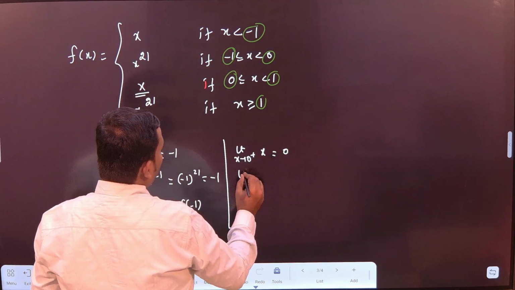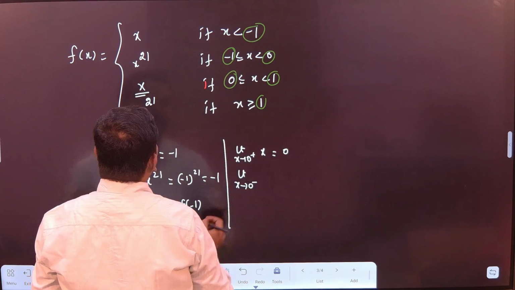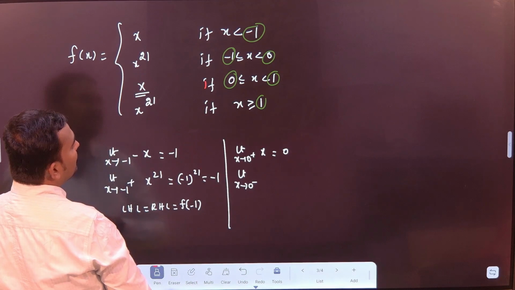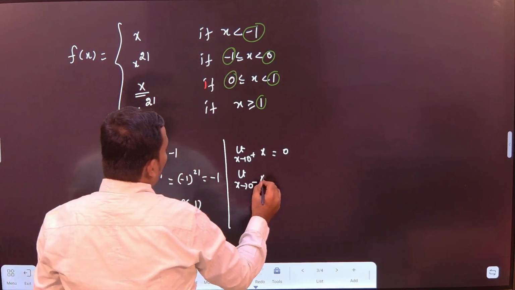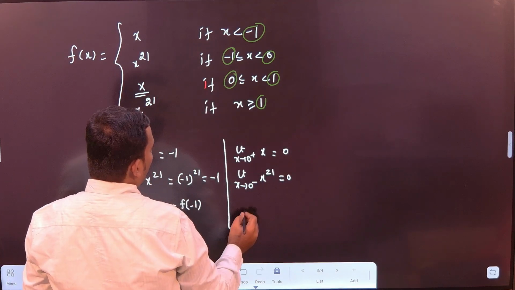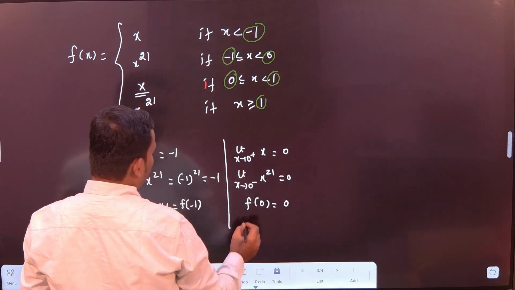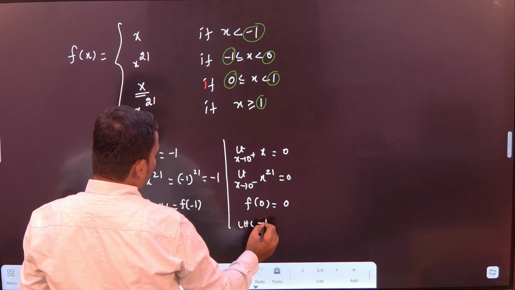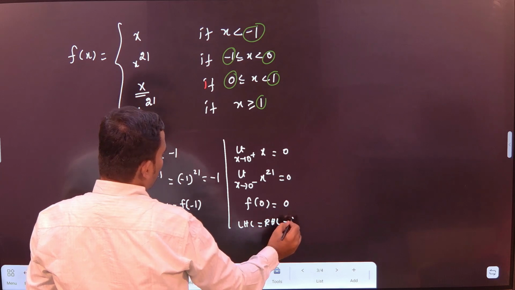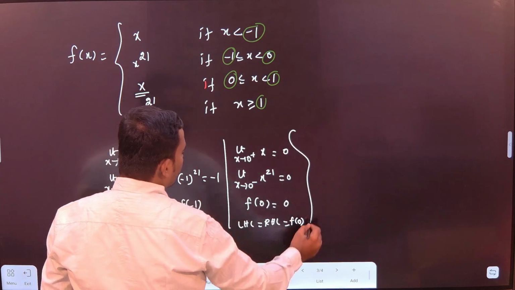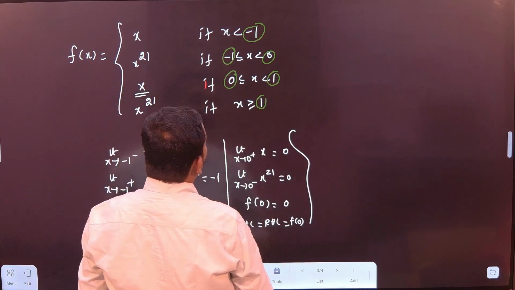So it will be 0. If I take x goes to 0 minus, 0 minus means less than 0. So x power 21, that is also 0. But f at 0 you can check it. So that is also 0. Therefore here the left hand limit is equal to the right hand limit is equal to f at 0. Therefore continuous, right?